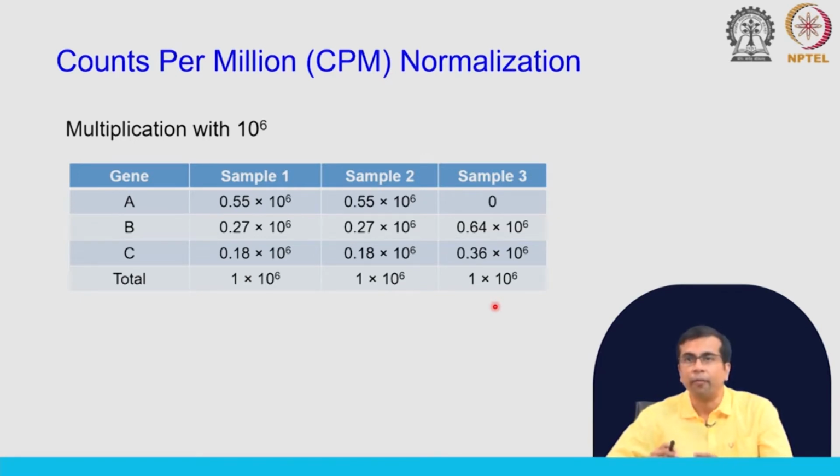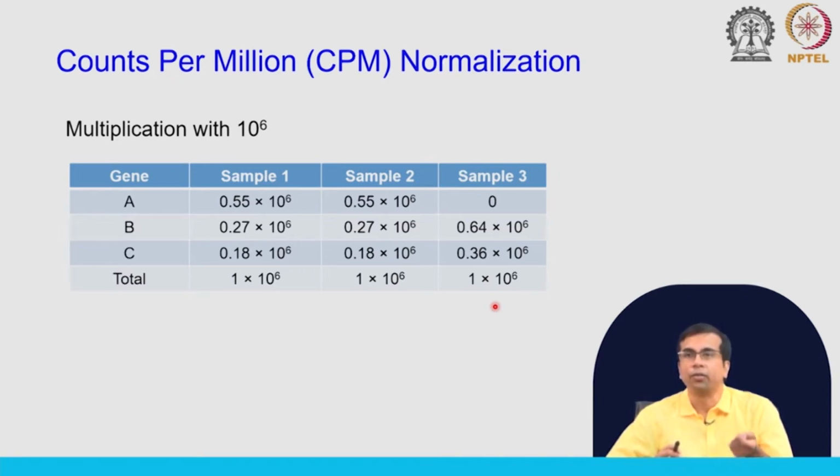If you have, let us say, a count of maybe 1000 for gene A and maybe 100 or less for gene B, and you divide by, let us say, 20 million, this normalized number will be very, very small. If you divide 100 by 20 million, that would be a very small number.